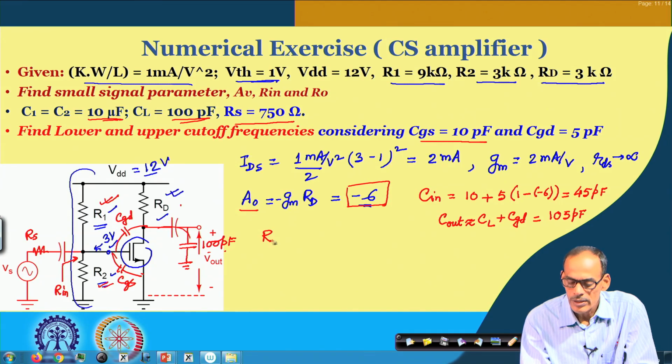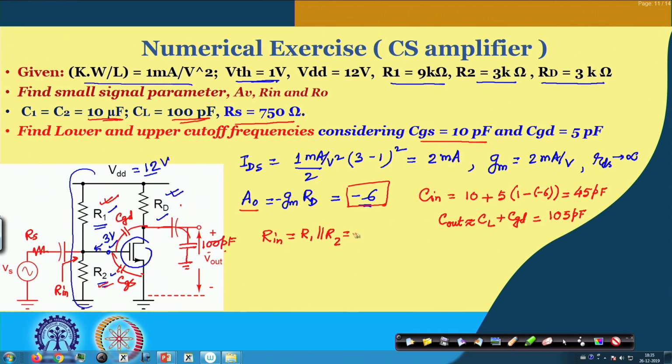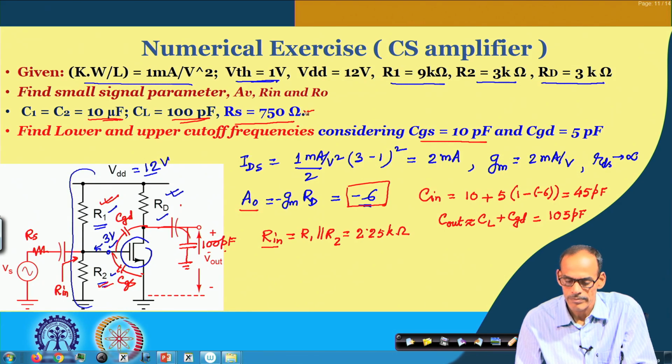So R in is R 1 in parallel with R 2, which is equal to 2.25 kilo ohm. So we have R in equal to 2.25 kilo ohm, then R s is 750.